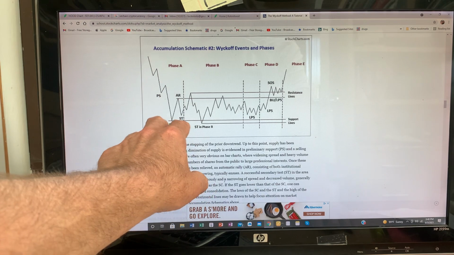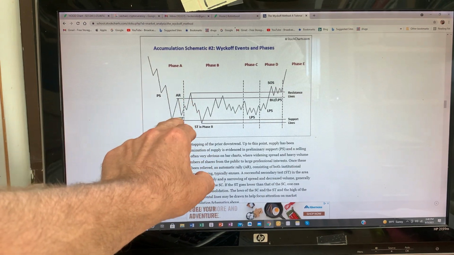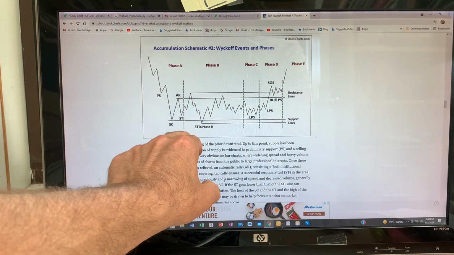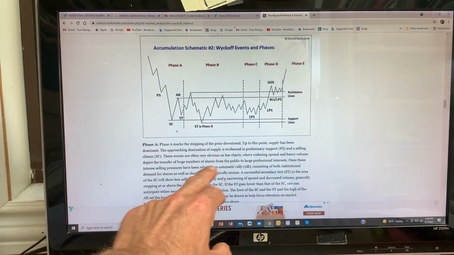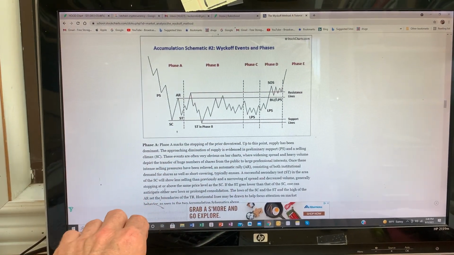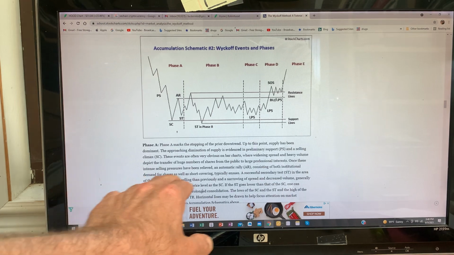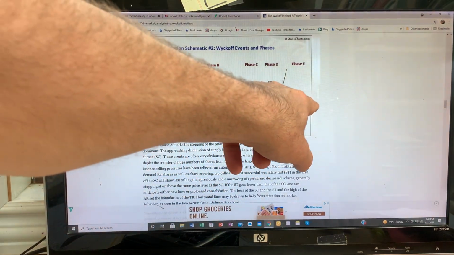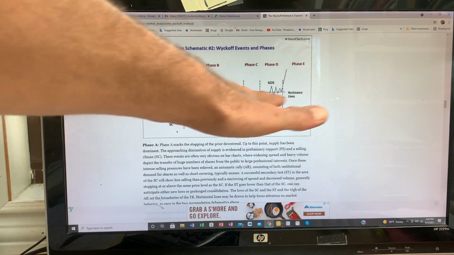If this didn't go like this and it went down, we could anticipate another low, possibly. That's what it's saying right there. Or a longer consolidation or accumulation, basically.